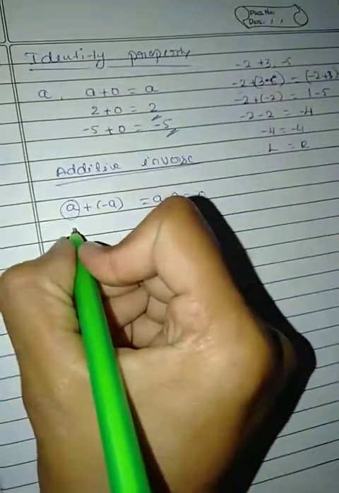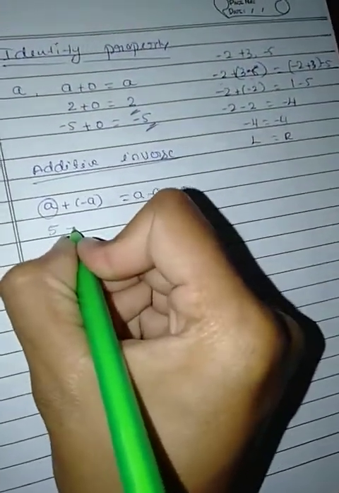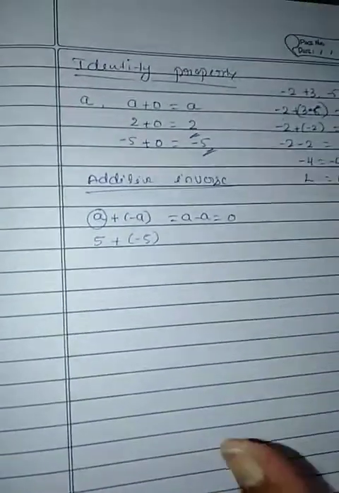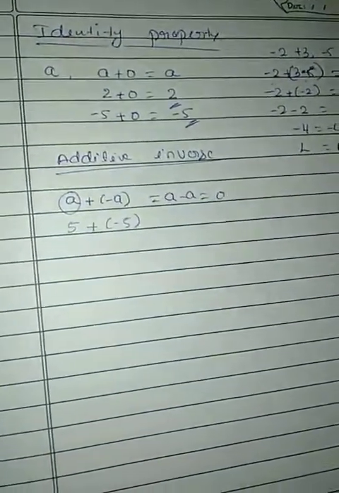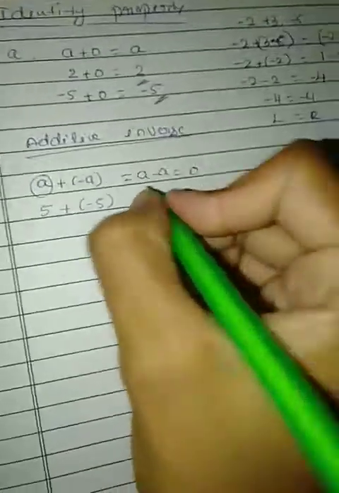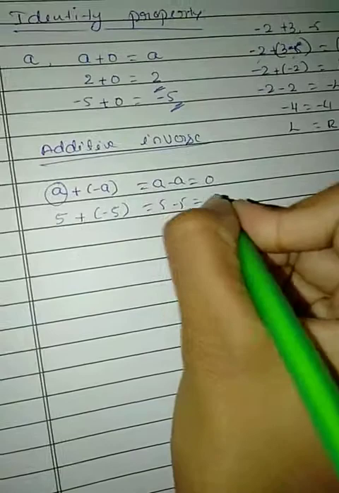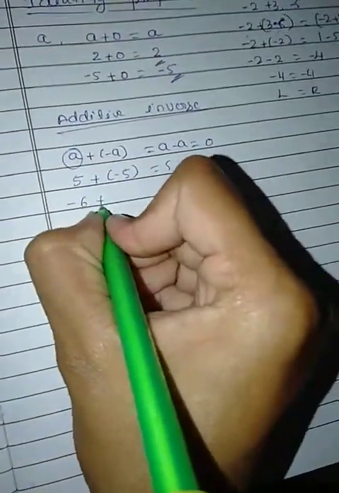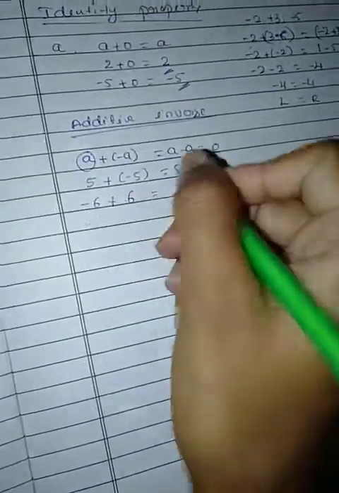For example, the additive inverse of +5 is -5. Just change its sign, the number will be the same. So 5 plus -5 you will get 0. If you take -6, then its additive inverse is +6. So -6 plus 6 is 0.